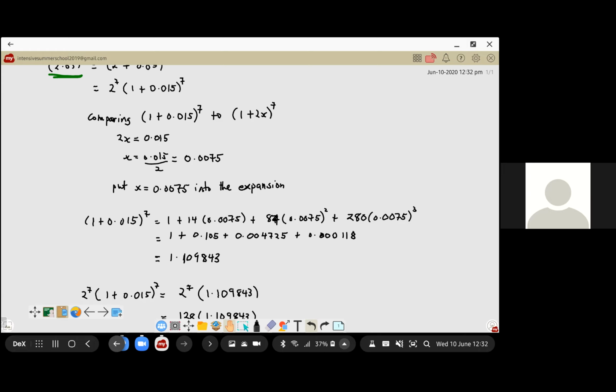Then you have to convert it to decimal. When you convert it to decimals, you get 0.000118. Yeah, 118. But she says she's getting 181 or 180 something.